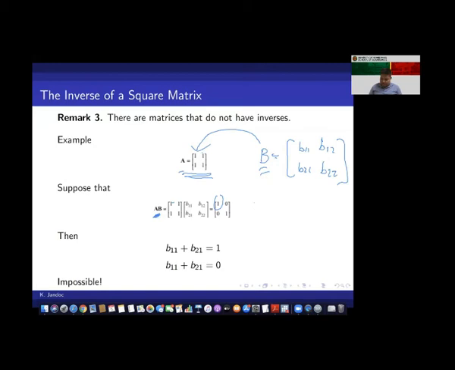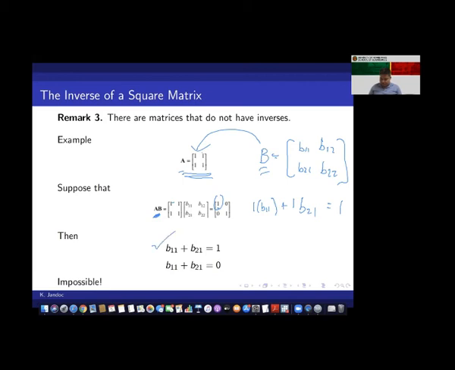Sorry, it should be 1 times B11 plus 1 times B21, which is equal to 1. This is this part over here.